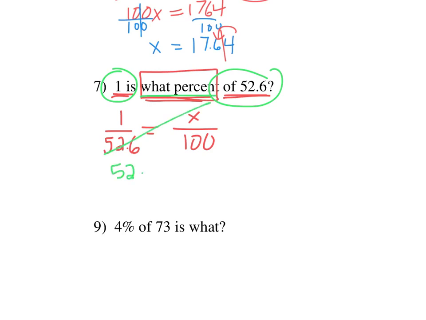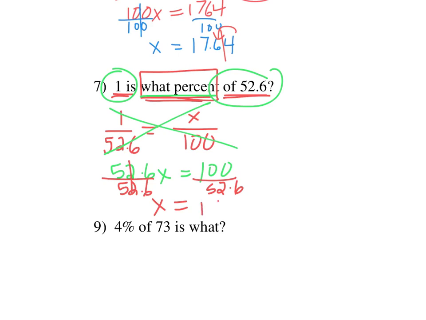So 52.6x equals 100. Divide by 52.6, divide by 52.6, x equals 1.901. Round to the nearest tenths. That's going to be 1.9. Remember, the tenths is one place past the decimal.